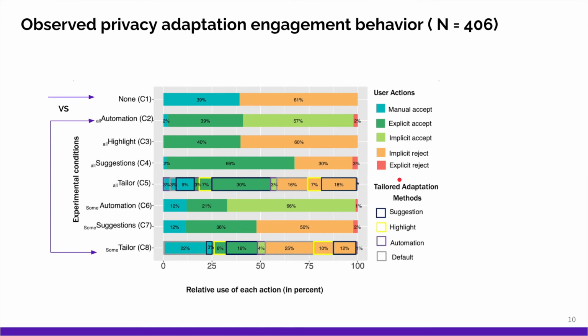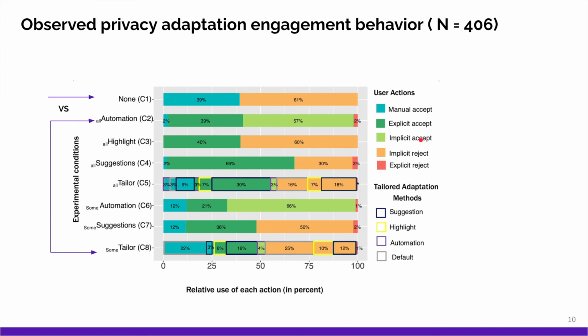So they could either manually accept, which is the participant manually interacted with the privacy feature that was not adapted, or they rejected adaptation initially but then manually restricted their privacy after all. Or they could explicitly accept, which was the participant explicitly accepted the adaptation either by approving the suggestion, by clicking OK, engaging with the highlighted feature, or verifying the automated adaptation by clicking OK.